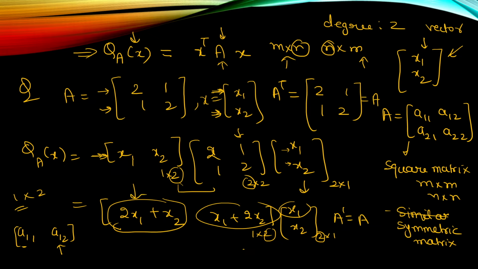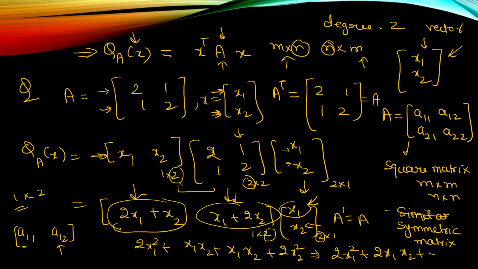You are multiplying this with the first element and this with the second. So 2x1 square plus x1 x2. Then this one with the next one: x1 x2 plus 2x2 square. So you can see what is happening. You have got a quadratic form. This is your quadratic form. Have you got it? That is how we can change a particular matrix into its quadratic form.